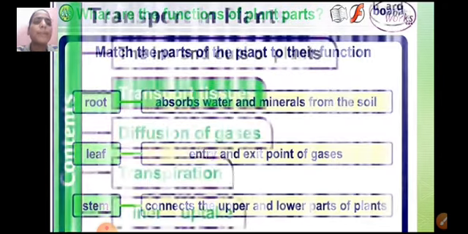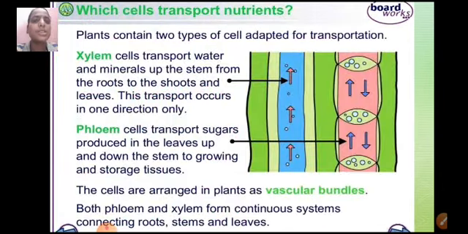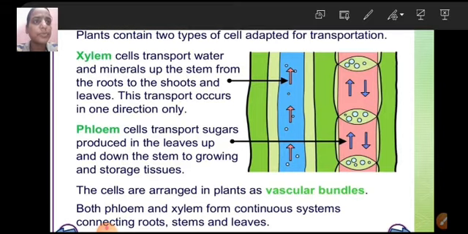Now let us deal with the transport tissues, the tissues which help in the transport of substances in the plants. When we talk of transportation in plants, we'll be dealing with two different types of tissues, that is xylem and the phloem. Xylem cells transport water and minerals up the stem from the roots to the shoots and leaves.